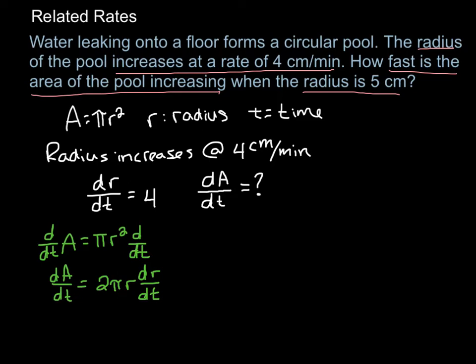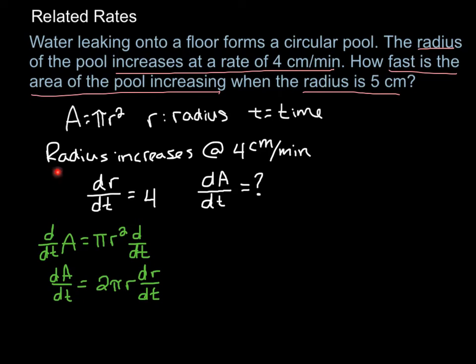Okay, so since we had to take the derivative of pi r squared with respect to time, we had to do implicit differentiation. So now we have the derivative of the area with respect to time equals 2 pi r dr over dt. So what was dr over dt? That was the rate at which the radius was increasing or decreasing.